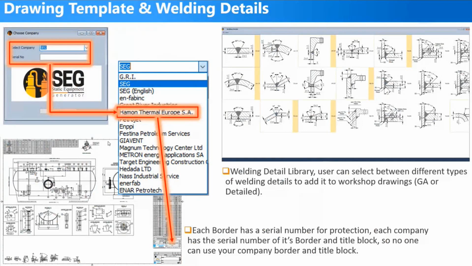You will select the suitable welding detail for your equipment to add it to the drawings. If you would like to add your own welding details, you can add them as a block or a 3D model for your drawing, as you can do with AutoCAD. So Autodesk Inventor drawings, you can deal with as you deal with AutoCAD.